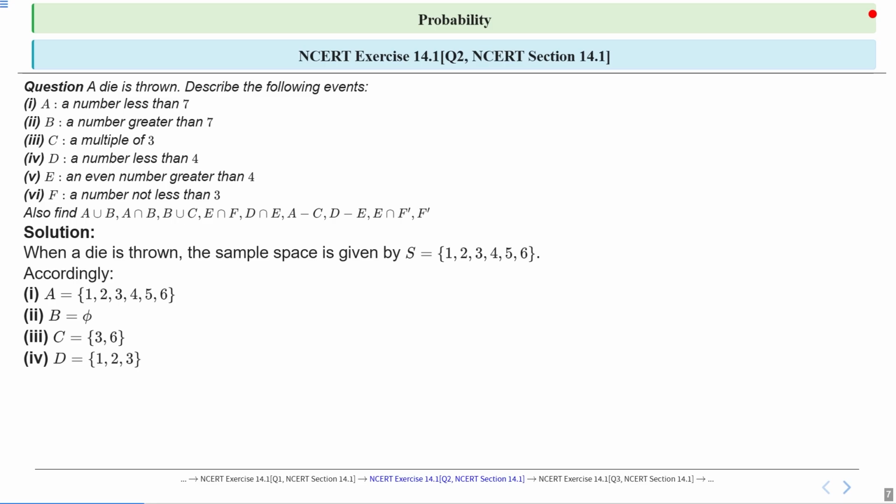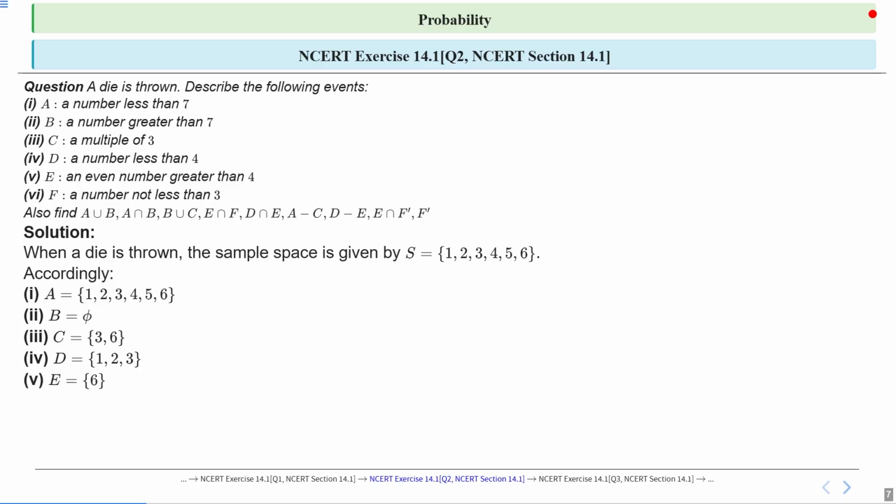And then event D contains all those numbers which are less than 4. Which numbers are less than 4? Here are 1, 2, 3. These 3 numbers are less than 4. So the event D is the set {1, 2, 3}. Clear?